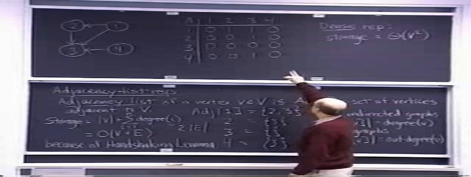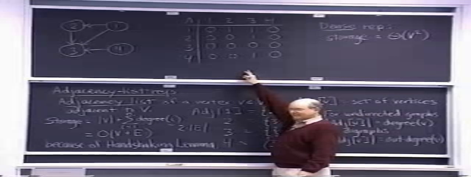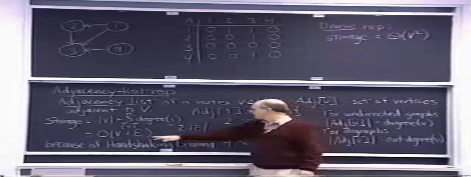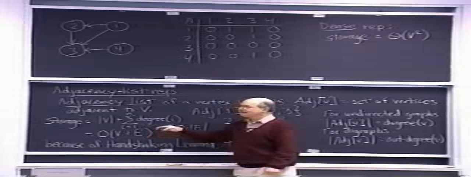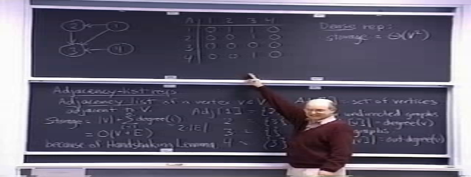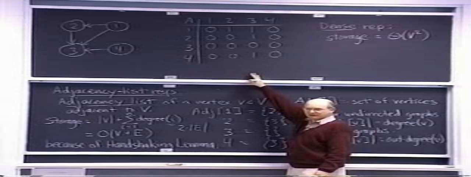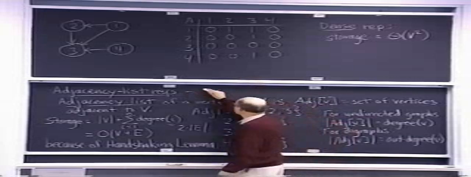Whereas in this representation, I just need a bit for each edge. This takes order v squared bits. And so this is far more efficient if you have a dense graph. But most graphs that we encounter in practice are not dense. They're sparse. So this is a sparse representation.